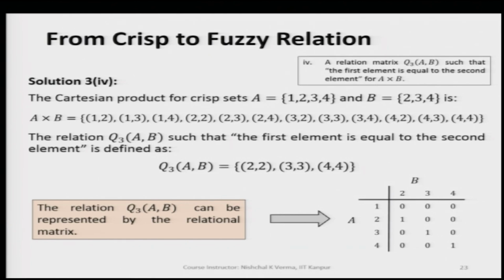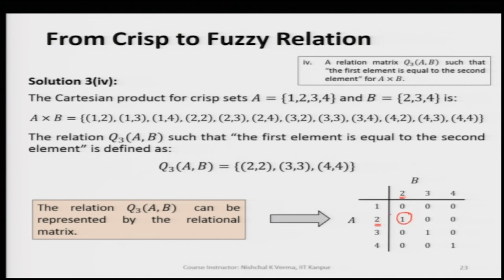On the same lines, since we have 2 2 present in Q 3, for 2 here and 2 here, these two are forming one pair.